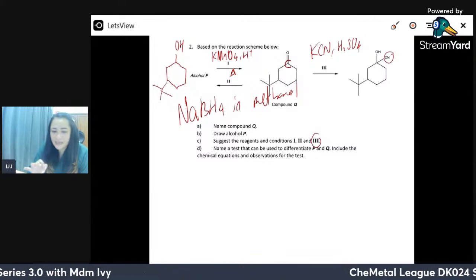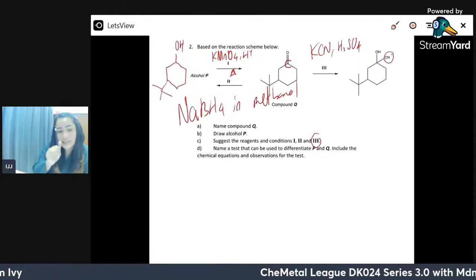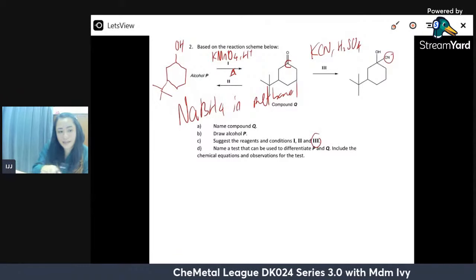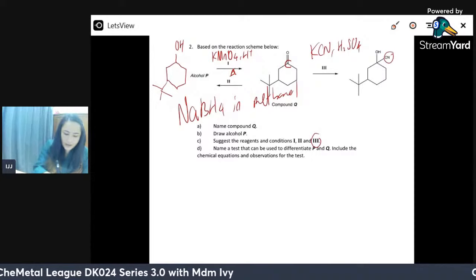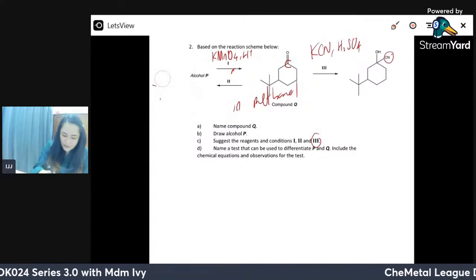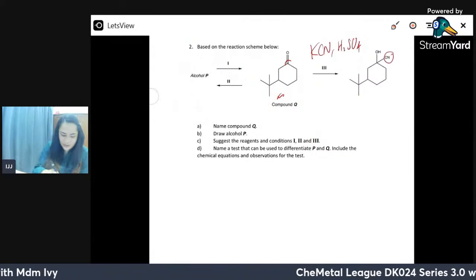You can also use lithium aluminum hydride followed by hydrolysis. Now, name a test that can be used to differentiate P and Q.